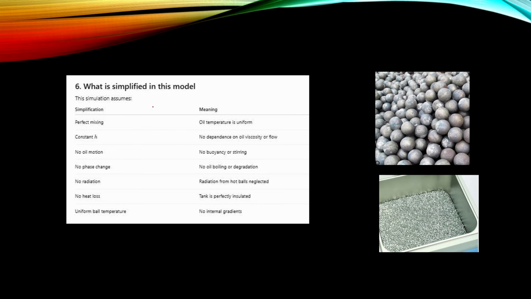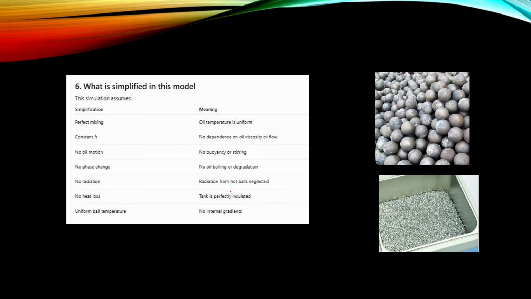So we can now assume that our oil temperature is uniform, and we can assume also that our oil is not moving, and as we have already discussed, we will neglect heat transfer from our vessel to environment, and we assume that our balls have no internal gradients, and we also neglect radiation.